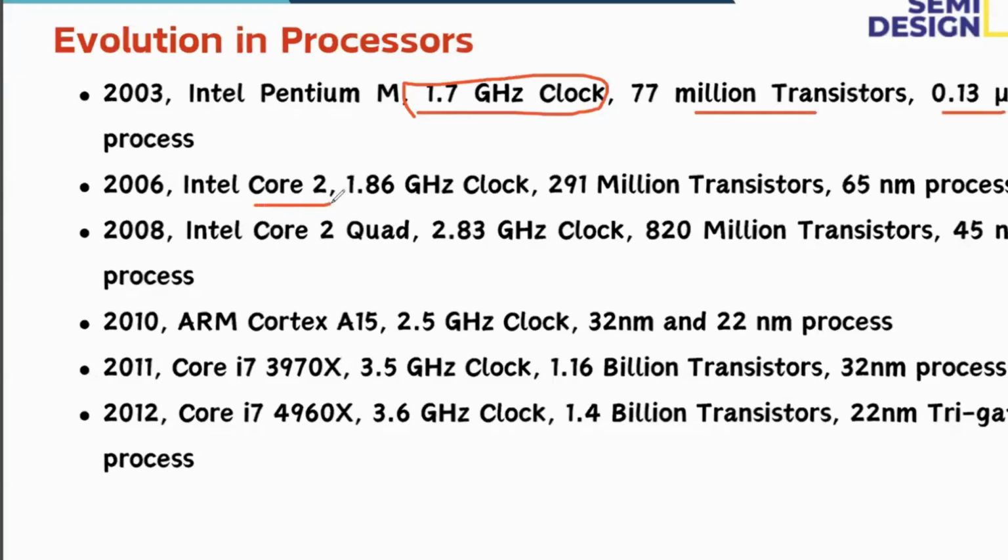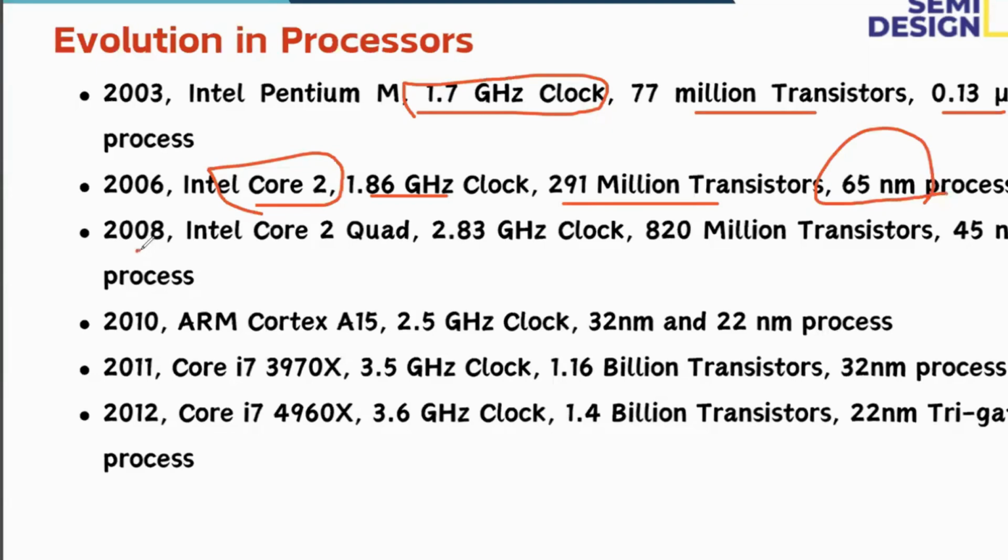From Intel Core 2, the number of cores was introduced. Number of cores means multiple tasks can be handled, and more instructions will be executed with more cores, so speed will be high. So 1.86 gigahertz, 291 million transistors, in nanometer technology. From micrometer to nanometer technology we have moved.